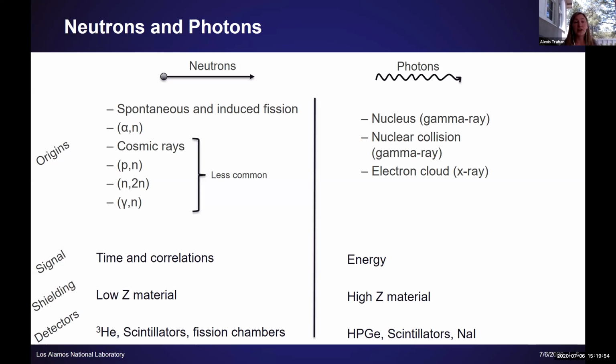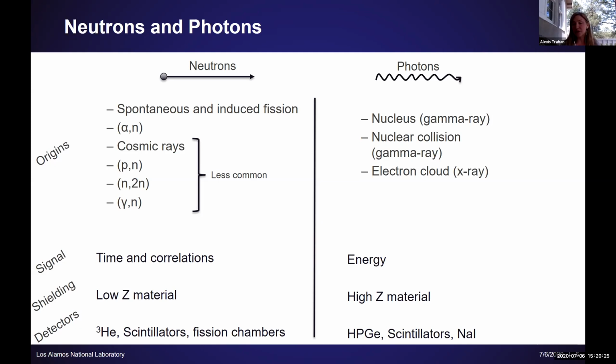So first of all, there are different sources of origination of the two particle types from special nuclear material. With neutrons, we see the neutrons emitted almost exclusively from spontaneous and induced fission or alpha-n reactions, where an alpha particle interacts with a low Z isotope and produces a neutron, a single neutron. There are other sources of neutrons, but they're very, very uncommon.